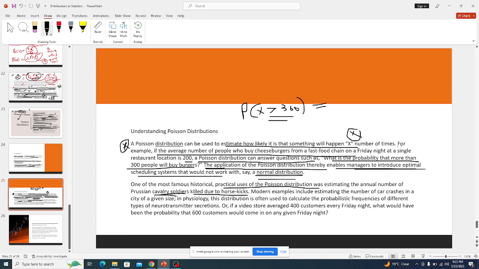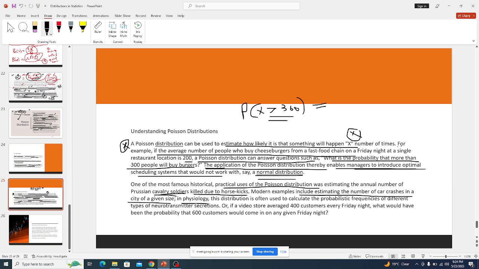Also, we can use Poisson to model the number of accidents, or to estimate the frequency of car crashes in a city, or accidents which might occur within a period of time, depending on the available historical data. So modern examples include estimating the number of car crashes in a city of a given size.